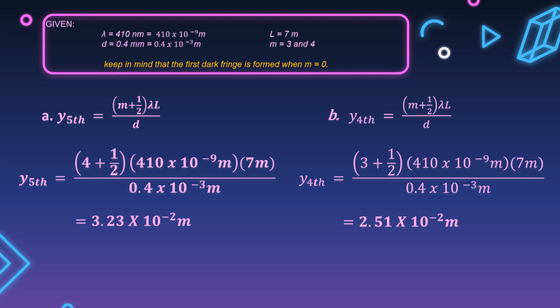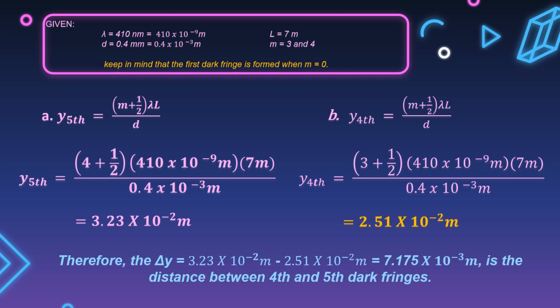Okay, since we already got the distance between the central bright fringe and the fourth and fifth dark fringes, therefore the change in y is equal to y fifth minus y fourth.